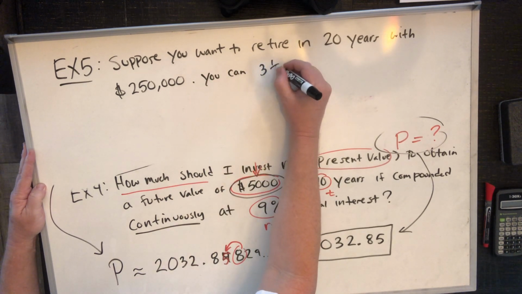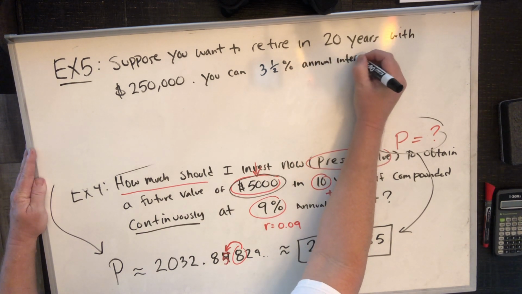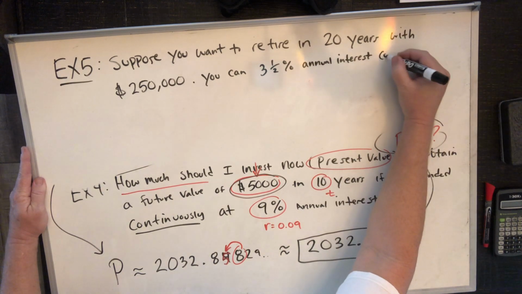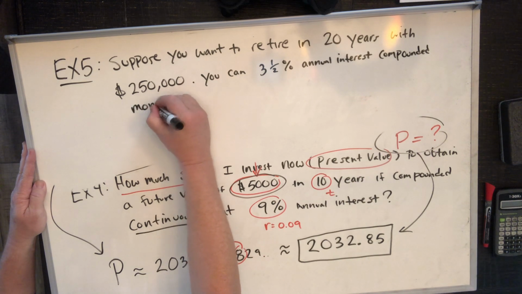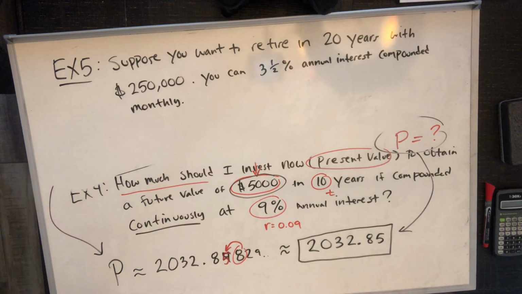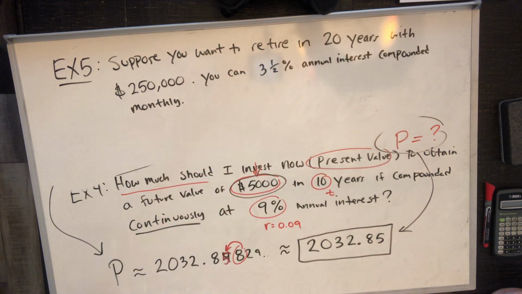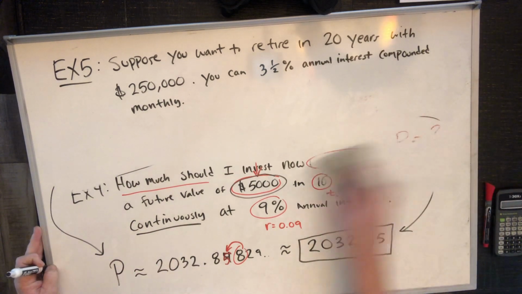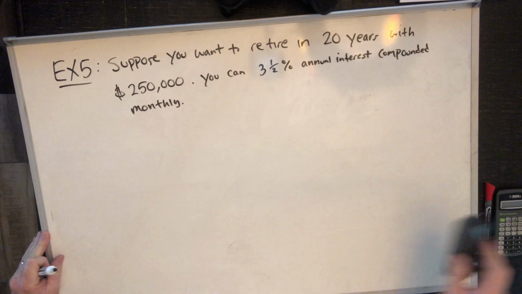You can earn 3.5% interest in a retirement account. Those are typically compounded monthly. Yeah, it's a little bit more realistic. 3.5% compounded monthly like a bank would normally do, and you're going to retire in 20 years. And you'd like to have $250,000 to take with you on your retirement afterlife, or what I often refer to as the aftermath.